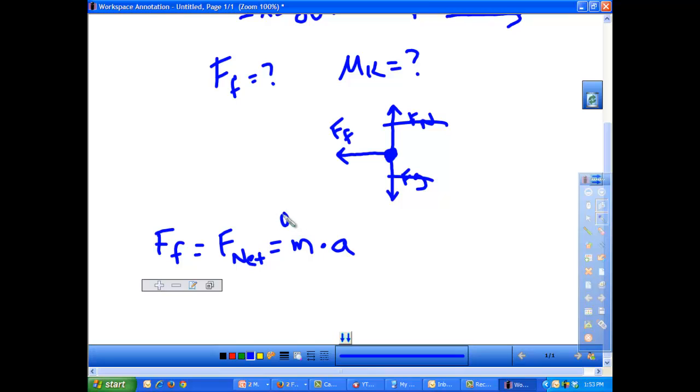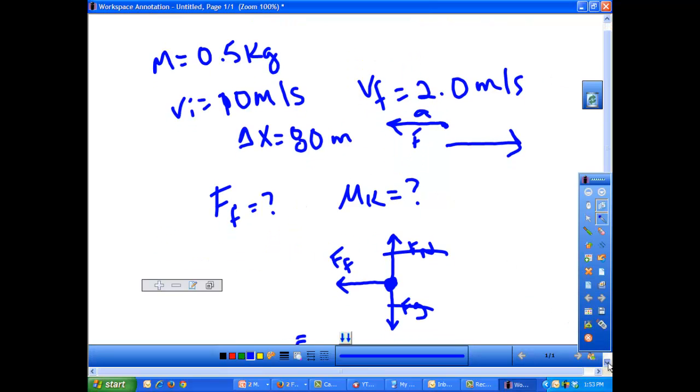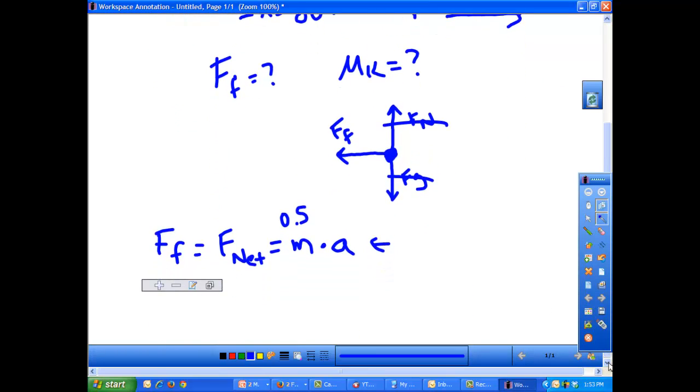So we know our mass from our problem is 0.5. We just need to figure out the object's acceleration. And from what's given to us in the problem, we can do that with a little bit of kinematics. So we have VI, VF, and change in x. So we can use this.